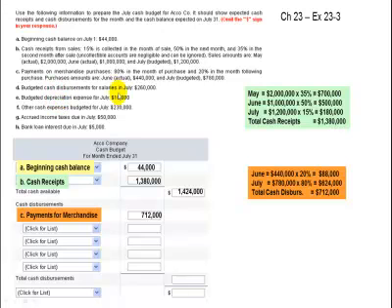Budgeted cash disbursements for salaries in July, $260,000. That's pretty well straightforward. Then budget depreciation expense for July is $10,000. Depreciation is a non-cash item. It's not going to go on this budget because there's not going to be any cash involved in it, so we'll skip that.